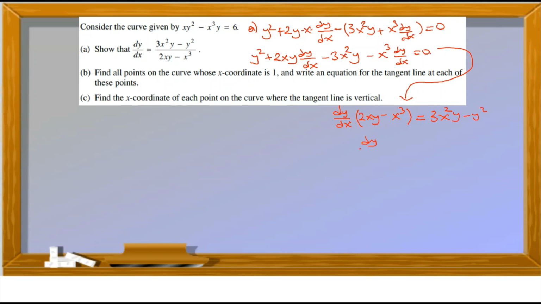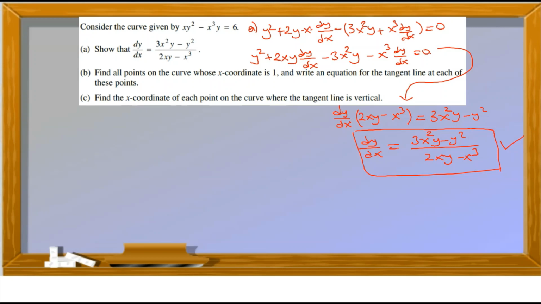Then I'm going to divide each side by 2xy minus x cubed to get dy over dx isolated. So we get 3x squared y minus y squared divided by 2xy minus x cubed, which is the same as the answer in part A. So we just got it verified.